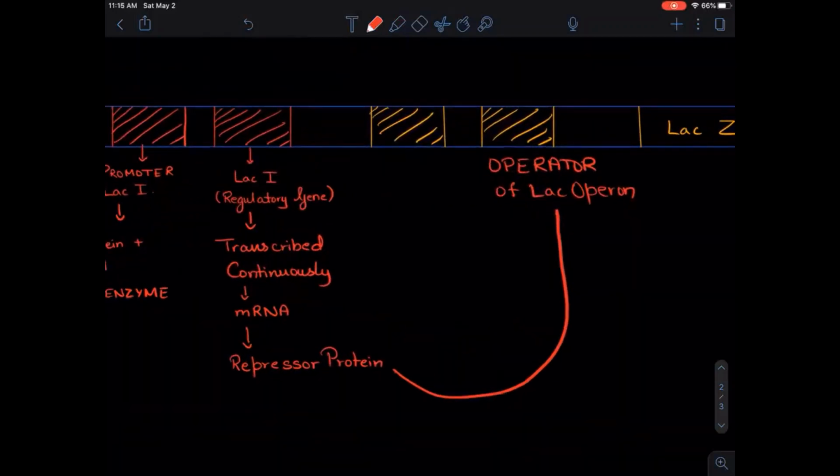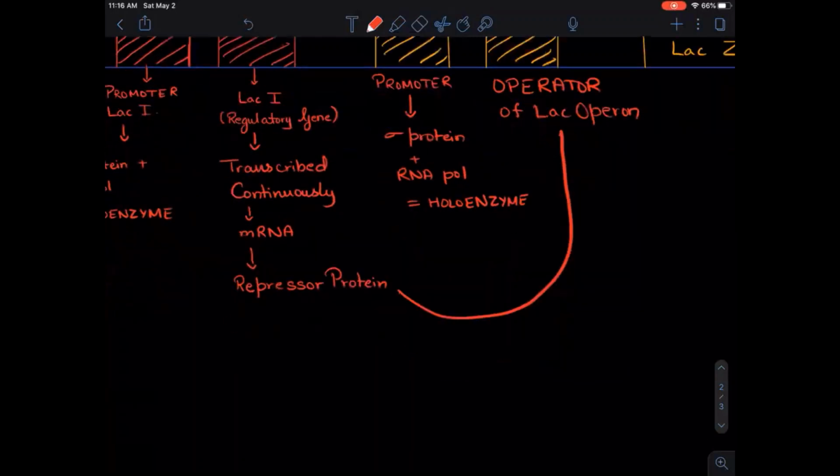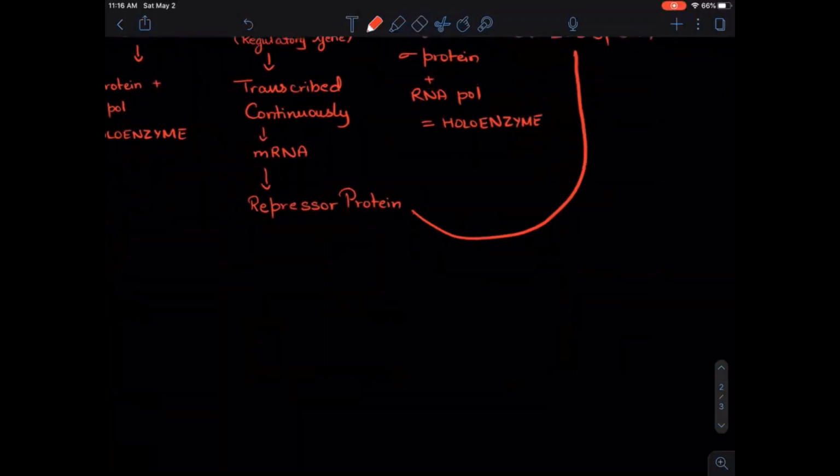The Lac Operon itself also has its own promoter, which facilitates the binding of sigma protein and RNA polymerase, to again form a holoenzyme. In the presence of lactose, lactose binds to the repressor protein.